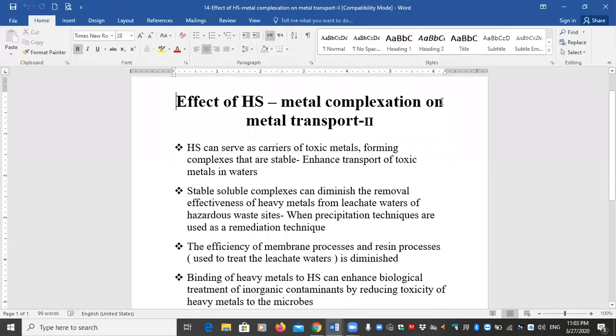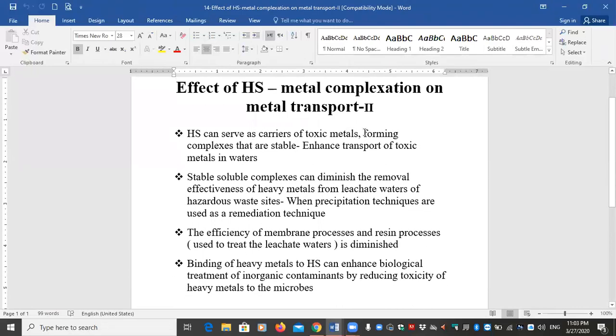Okay, we'll continue talking about different examples of humic substances metal complexation and how they affect the transport. Humic substances can serve as carriers of toxic metals, forming complexes that are stable. This will enhance transport of toxic metals in waters. So this is an example which is deleterious. It's bad.